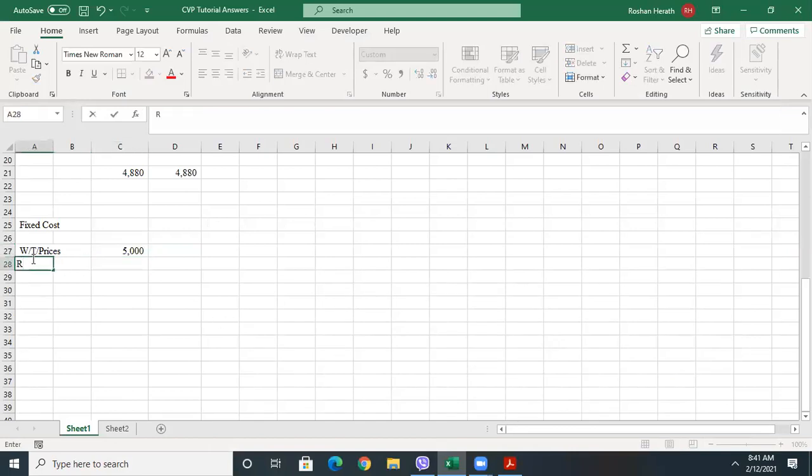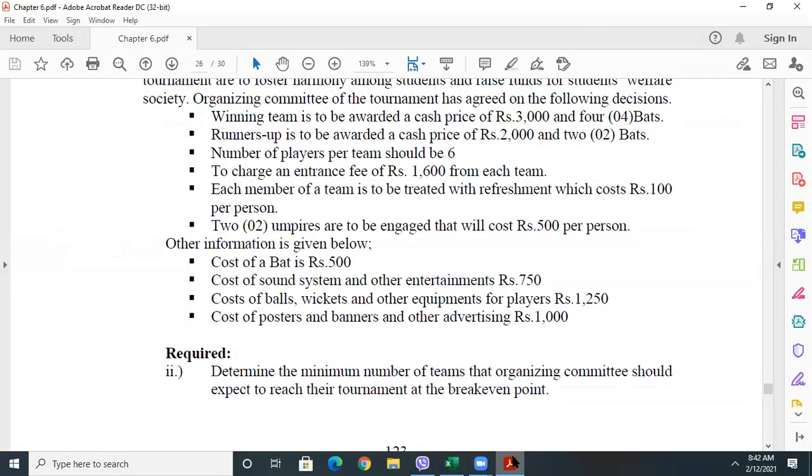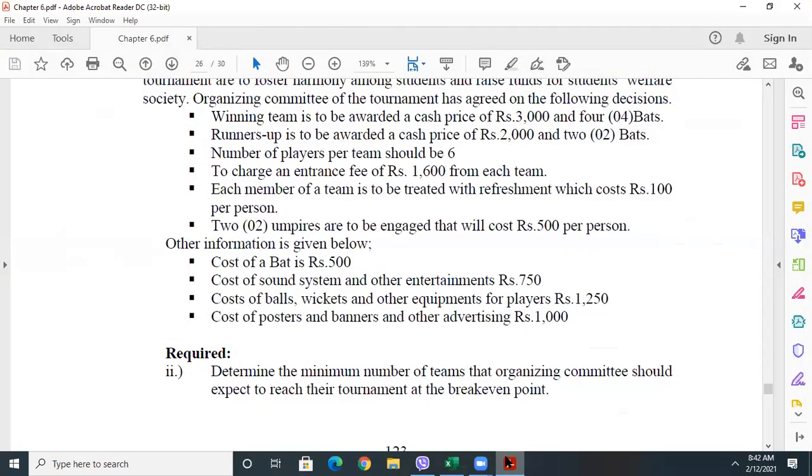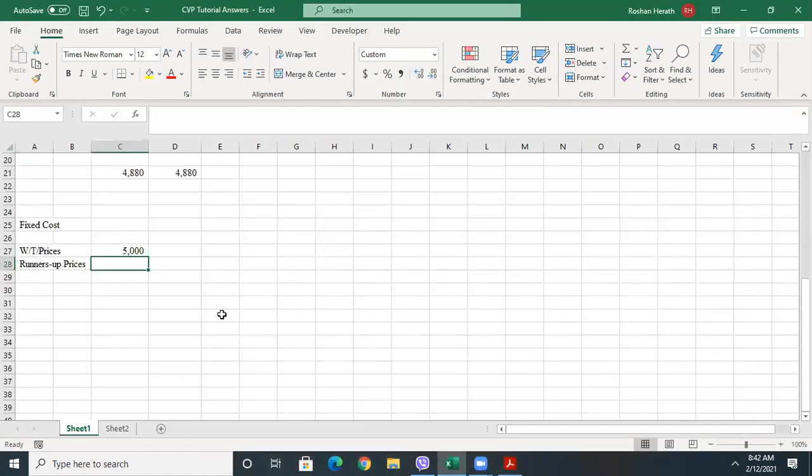Similarly, the runners up prize. There they are giving 2,000 cash prize and 2 bats. 2,000 cash prize plus 2 bats. So this is it.